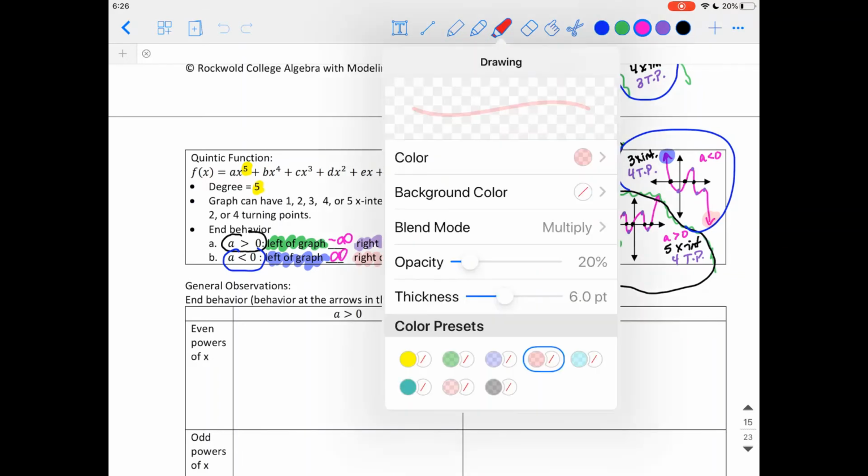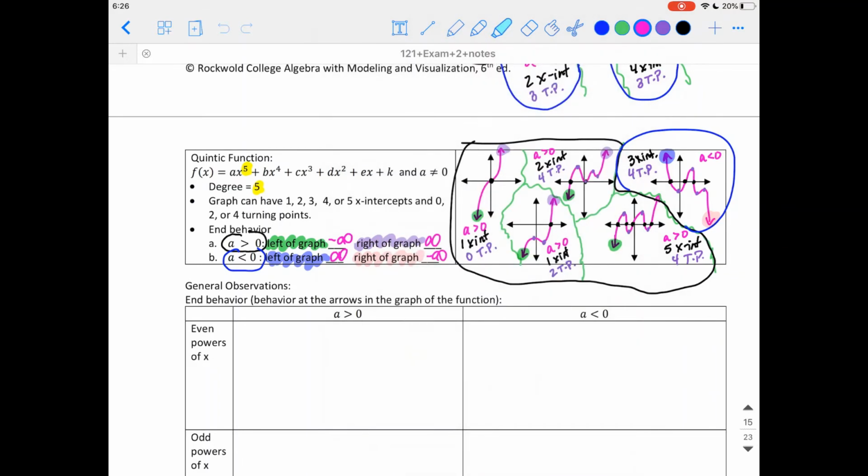Now to look for some general observations here. So general observations. So the end behavior. And we want to look for even powers of x, and we specifically want to look for A greater than 0 type of graphs.